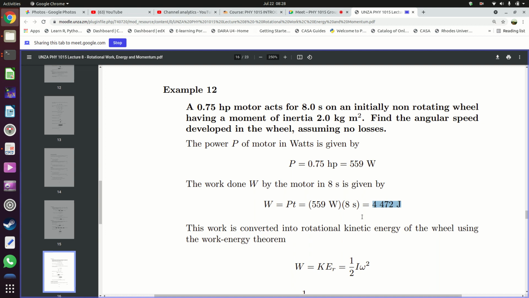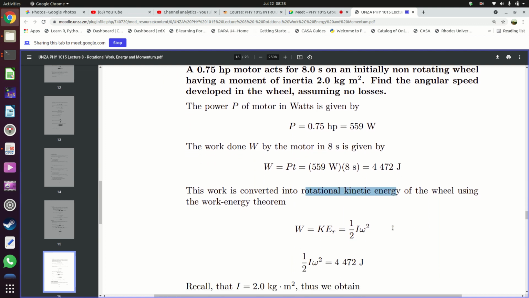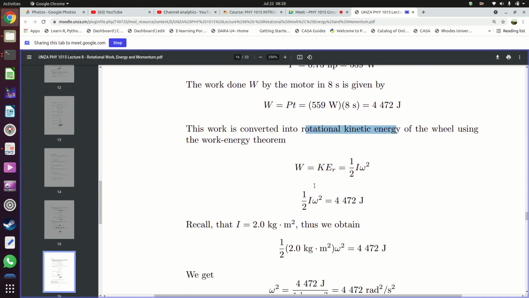So in our case, this work which has been done is going to show up as rotational kinetic energy of the wheel. Using the work energy theorem, the work done is equal to the rotational kinetic energy, and rotational kinetic energy is equal to half moment of inertia times omega squared.